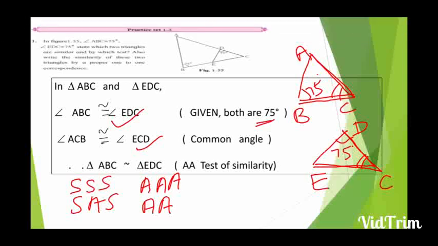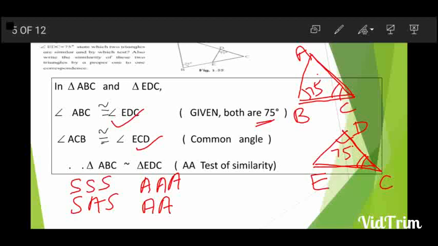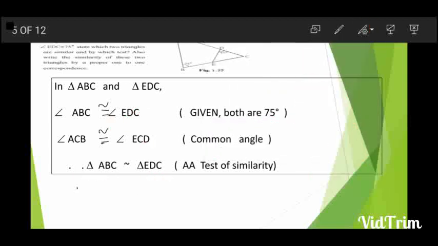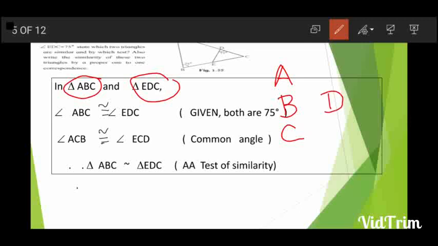Now children, one more thing I forgot to tell you: while writing the names of the triangles, we should be very careful. For example, for the first triangle, if I write the alphabets this way, A, B, C, then in the second triangle, find which angles are congruent. Here B is 75, then here D is 75. Angle C is congruent to angle C. Then the alphabet which remains in the second triangle, that is E, we will write.